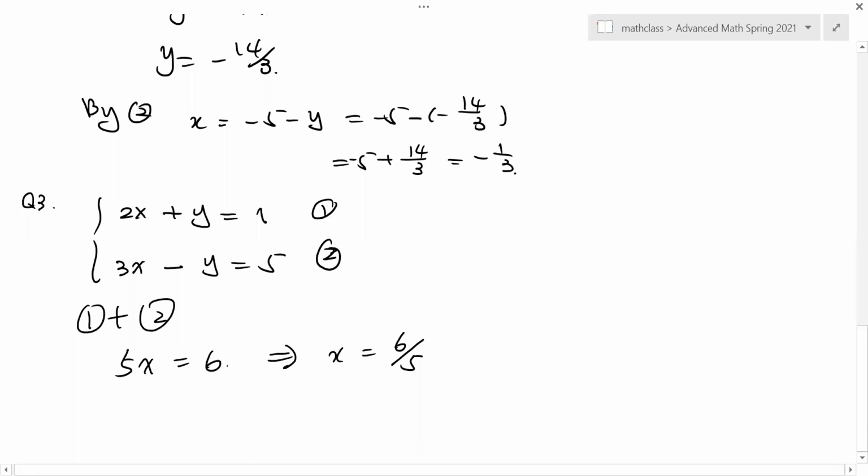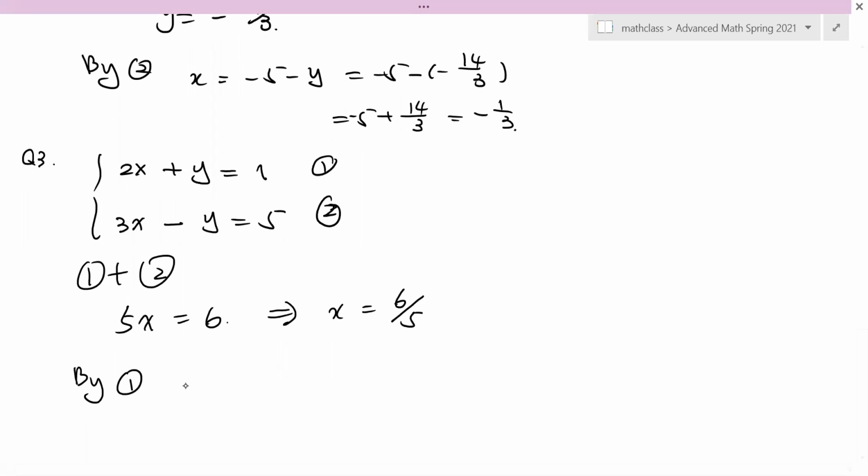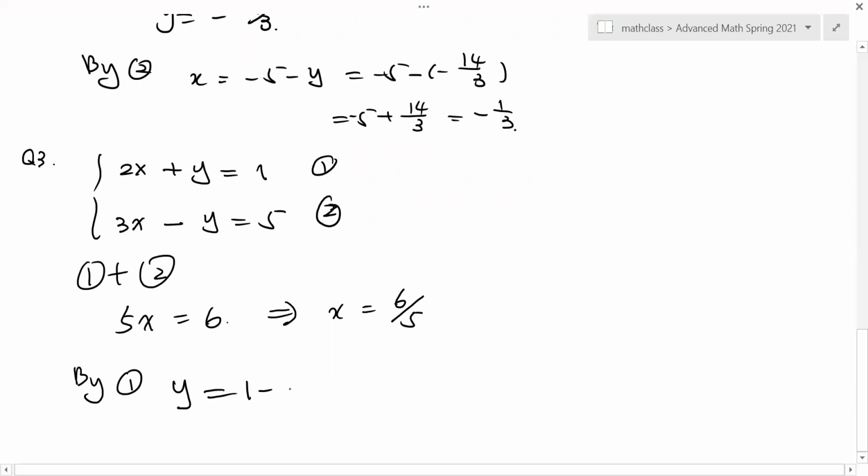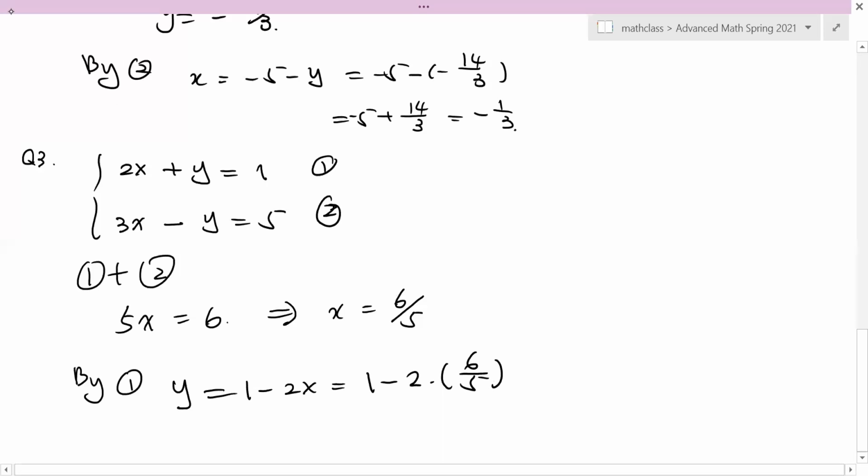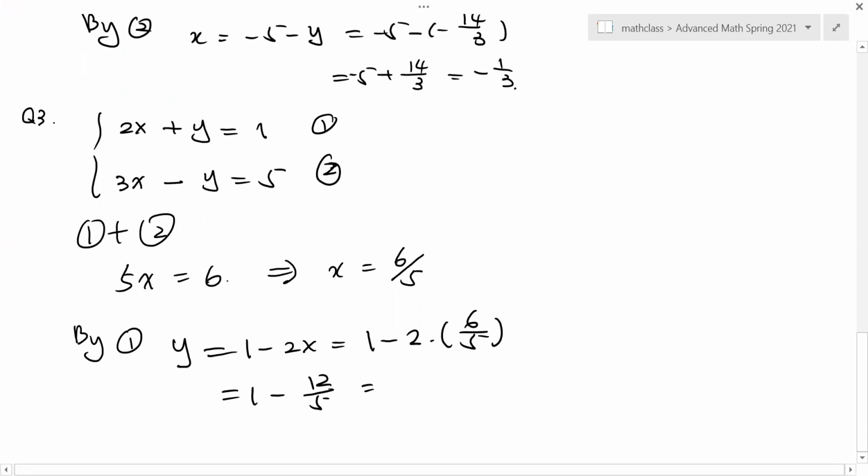Then you can use any of the equations. Again, let's use equation 1. Y is going to be 1 minus 2x, right? So 1 minus 2 times 6 over 5, and simplify it. So let's double check.